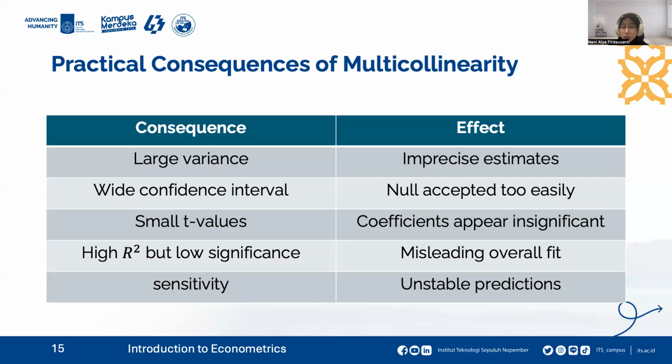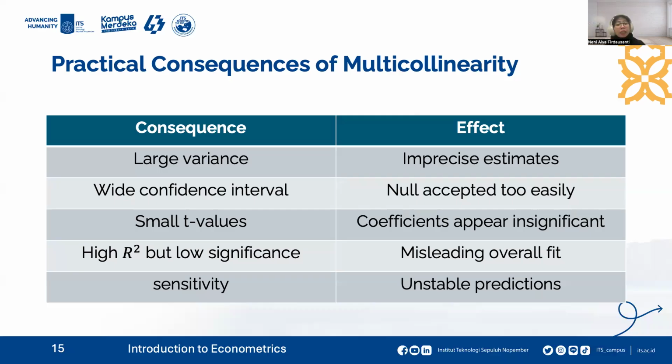There might be multicollinearity, because multicollinearity can inflate the R square. The model seems to fit well globally, but when individual predictors are tested, they are not statistically significant.